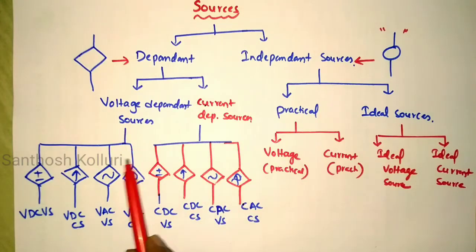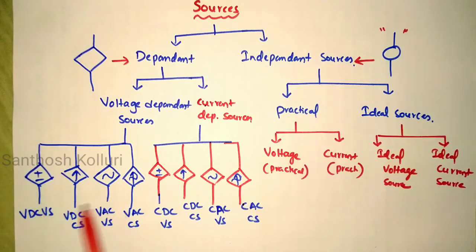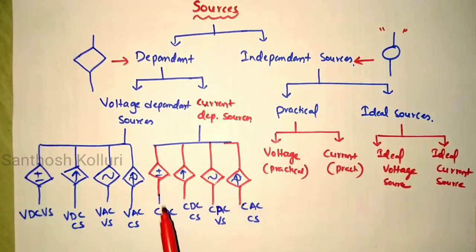In the voltage dependent source we have four types: voltage dependent DC voltage source, voltage dependent DC current source, voltage dependent AC voltage source, voltage dependent AC current source. In current dependent sources we also have four types: current dependent DC voltage source, current dependent DC current source, current dependent AC voltage source, current dependent AC current source.